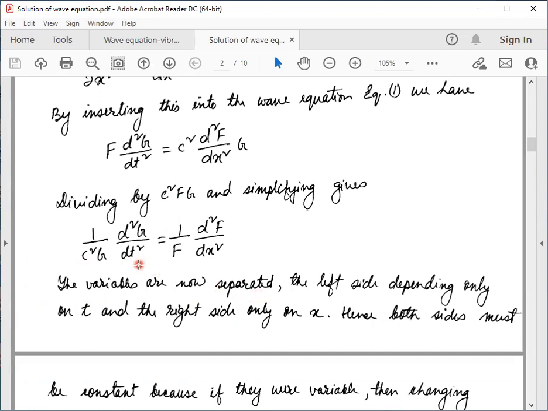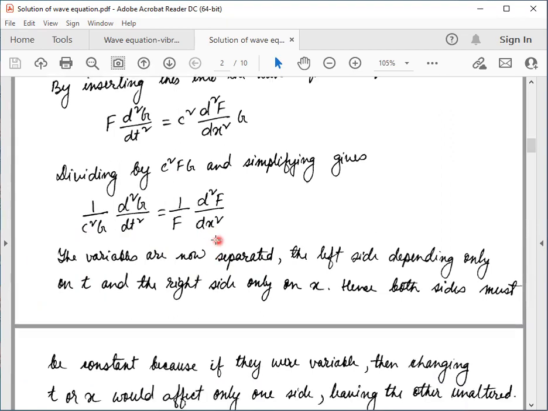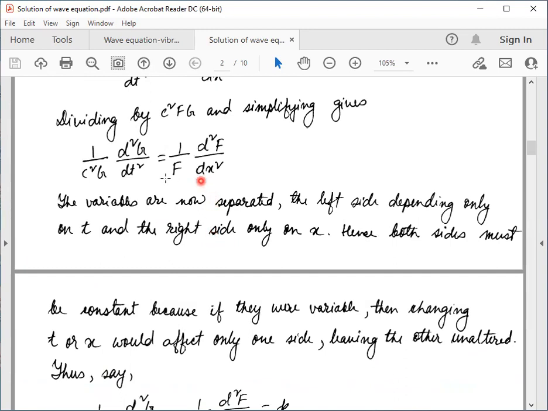The left side depends only upon time t, and the right side depends only upon the variable x. Hence, both sides must be equal to a constant. I repeat, both sides must be equal to a constant, because if they were not constant, then changing only t would affect only the left hand side, and changing only x would affect only the right hand side, and that would leave the other side unaltered.